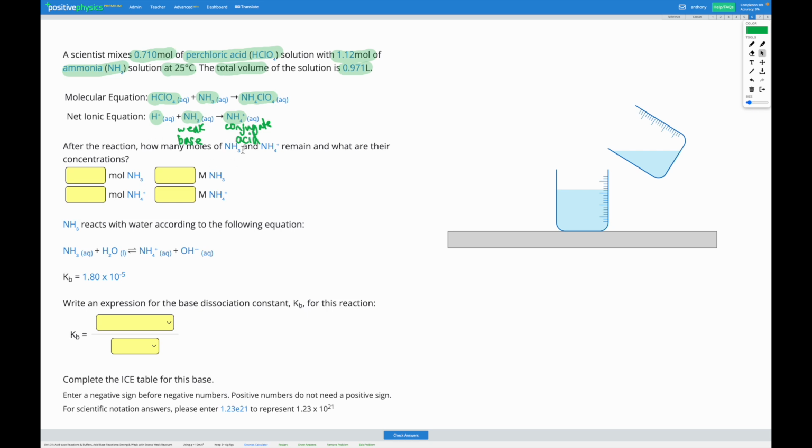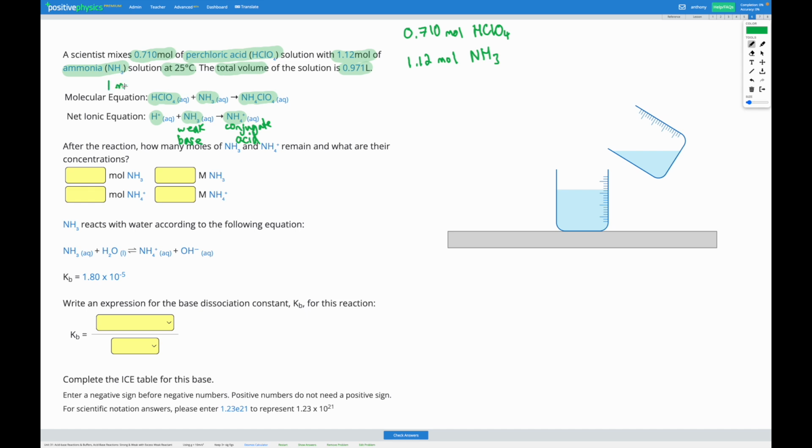First, let's figure out how many moles of our weak base and our conjugate acid will be remaining after the reaction has taken place. So we had 0.710 moles of HClO4 and 1.12 moles of NH3 reacting together. We can see from our molecular equation that it is in a 1-to-1 ratio.